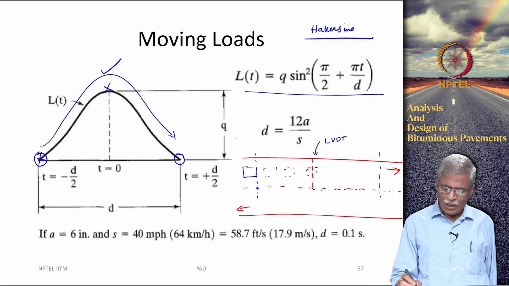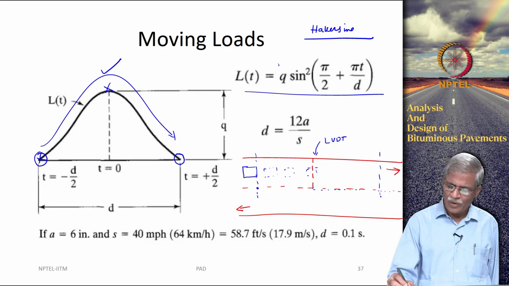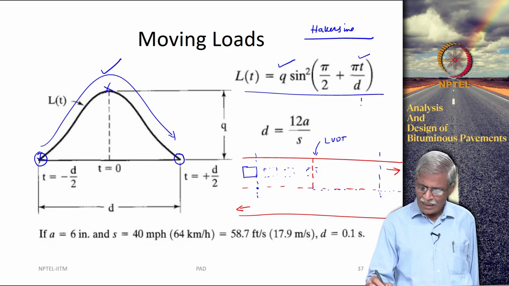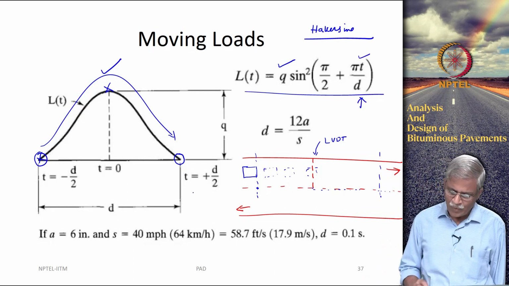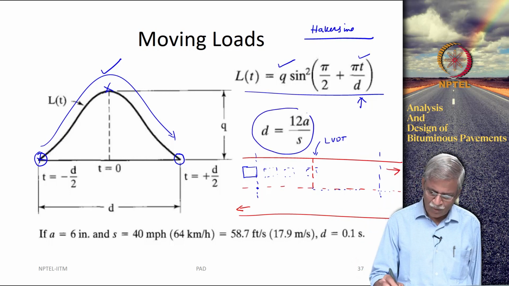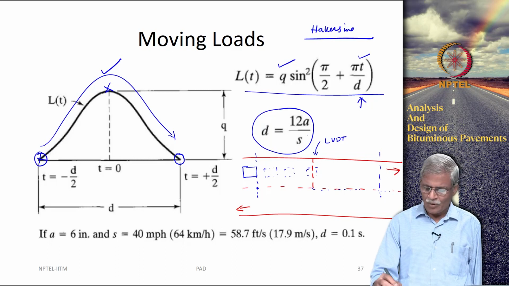You see that Q is the maximum value given here, T is the time duration that you see here, and D is the total width. Now, this D is assumed to be of the following form.